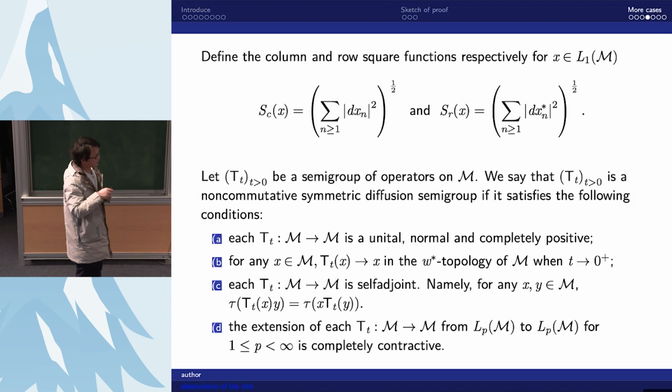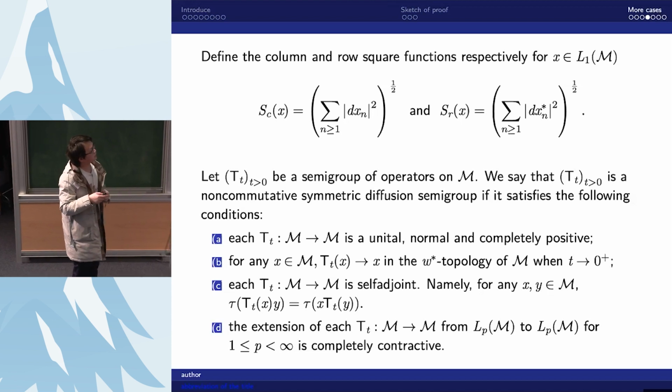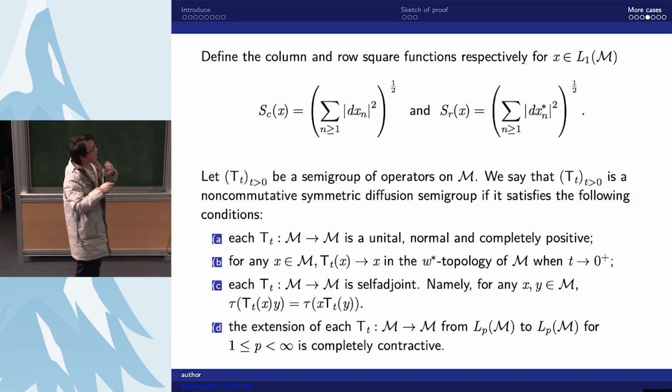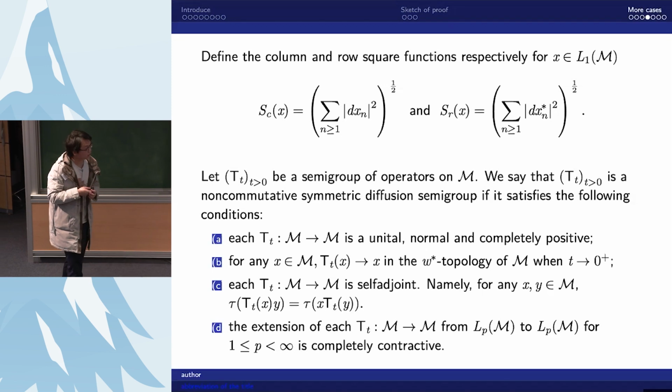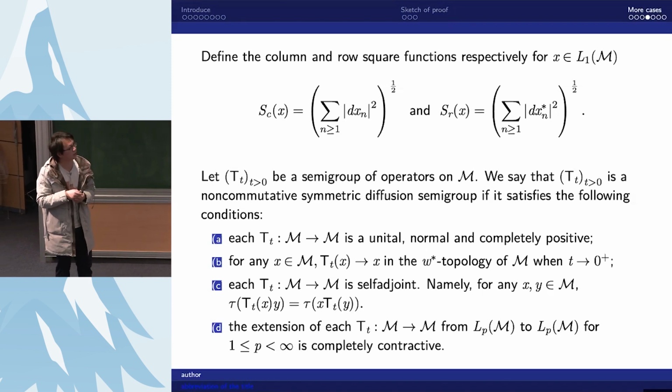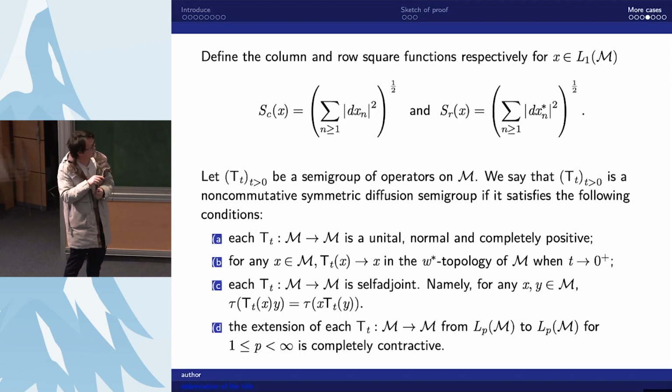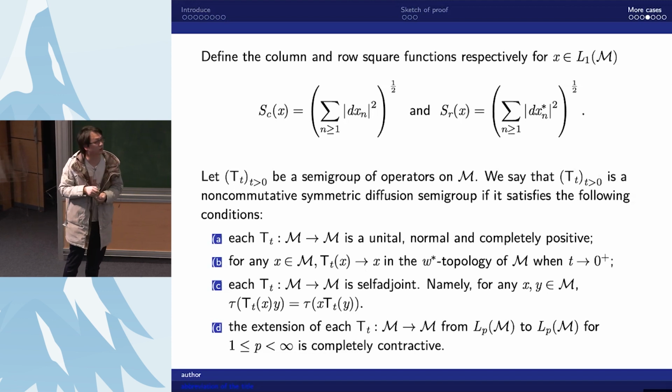First we should define the non-commutative symmetric diffusion semigroup. Let T_t be a semigroup of operators on M. We say that T_t is a non-commutative symmetric diffusion semigroup if it satisfies the following conditions. Condition A: every T_t is unital, normal, and completely positive.